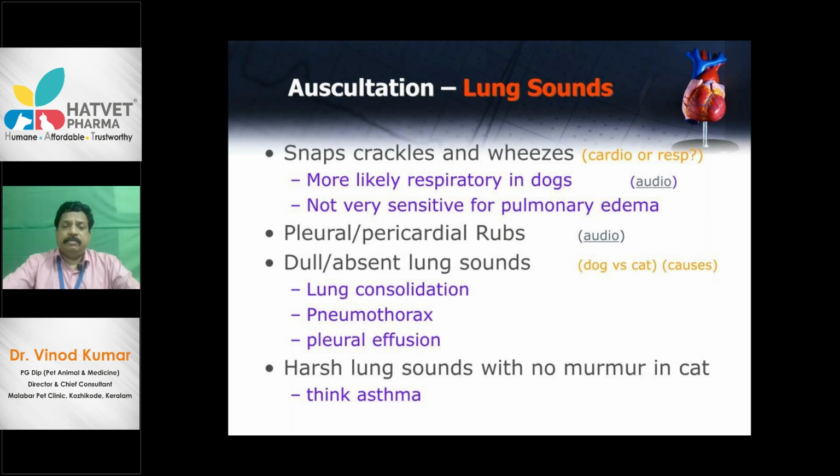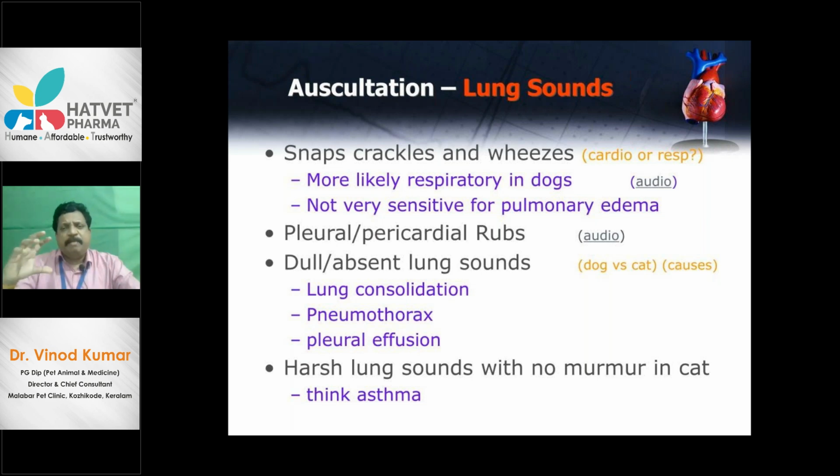Then there may be some harsh lung sounds because the respiratory tract, the tubular respiratory tract, is narrowed due to inflammation or hypertrophy of the mucosa or edema of the mucosa.